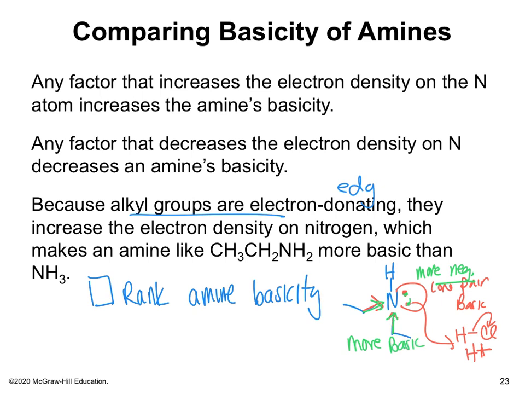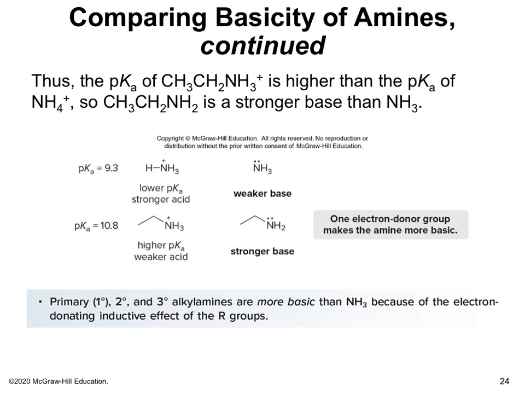And so the opposite is electron withdrawing groups are going to decrease the basicity of your nitrogen. It's going to be less basic if it has electron withdrawing groups because it's going to pull the electron density away from the lone pair. All right, so like we have ammonia. Ammonia, NH3, is going to be a weaker base than ethylamine.